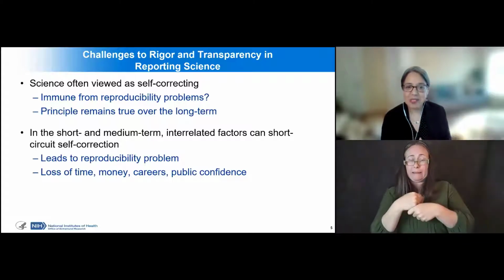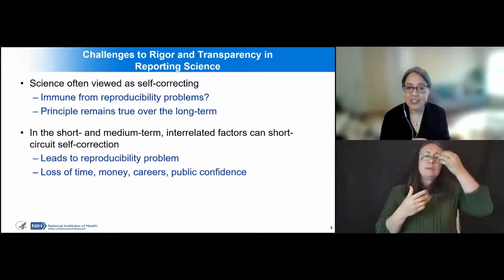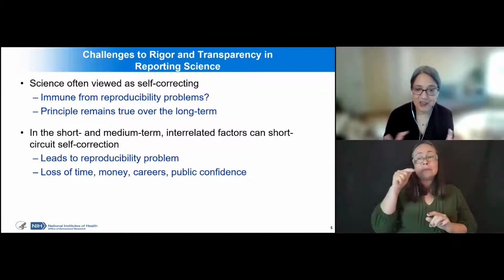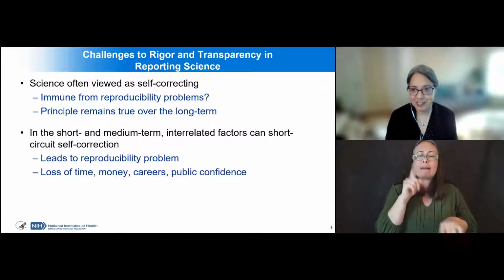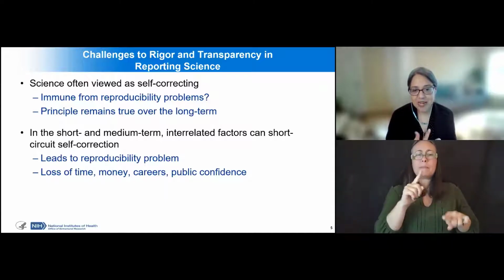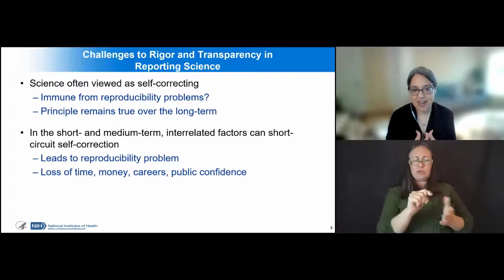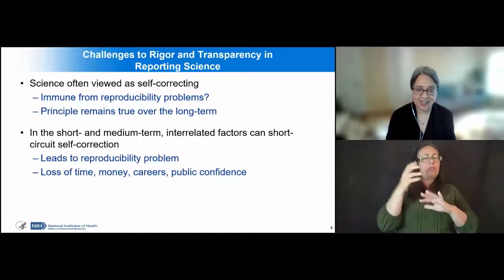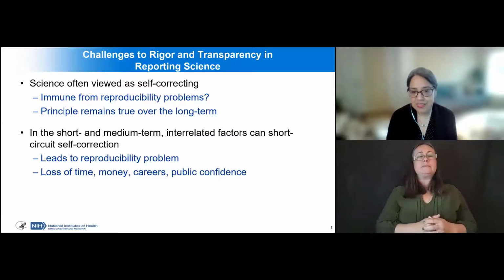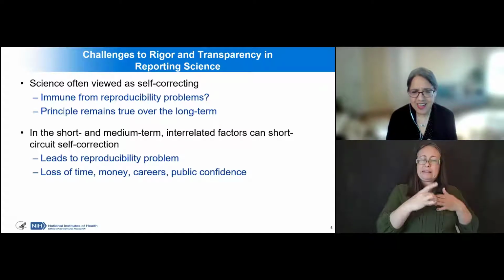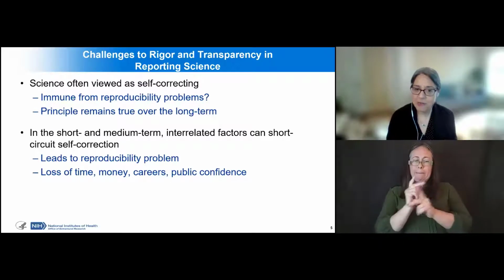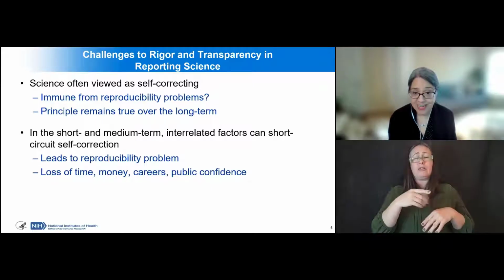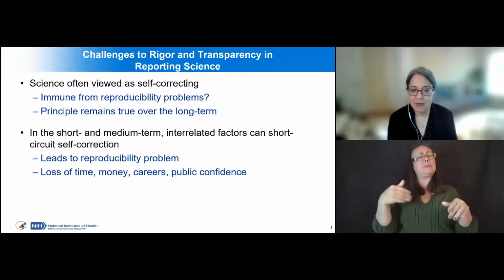The principle does remain true over the long term, so we will eventually get to the true answer or closer to the true answer. But in the short and medium term, there are interrelated factors that will short circuit that self-correction, even maybe extend that time frame. And this is what leads to the reproducibility problem. In addition, there's a loss of time, money, careers, and public confidence. There's a lot of collateral damage when things cannot be reproduced.